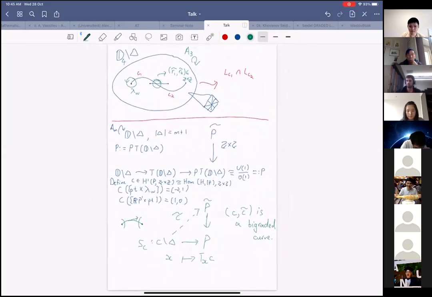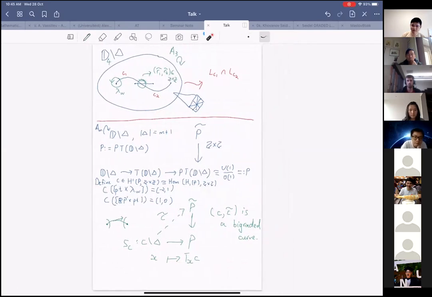We will do the same setup for symplectic now. Any question? If not, we move to the next section.